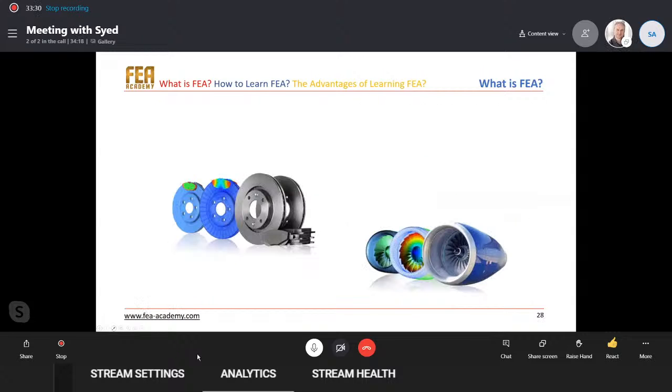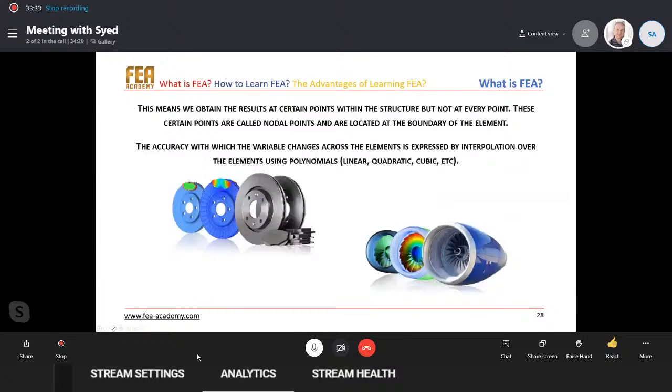So this means that we obtain the result at certain points within the structure, but not at every point. It is the key of the discretization. And the certain points are called nodal points and are located at the boundary of the elements. And the accuracy with which the variable changes across the elements is expressed by interpolation over the elements using polynomials.